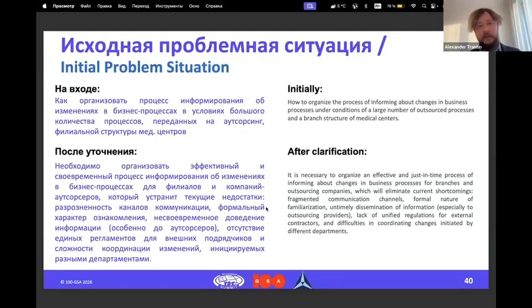So, case 1 is related to the initial situation: we needed to organize the process of informing about changes in business processes and the conditions of a large number of outsourced processes and the branch structure of medical centers.